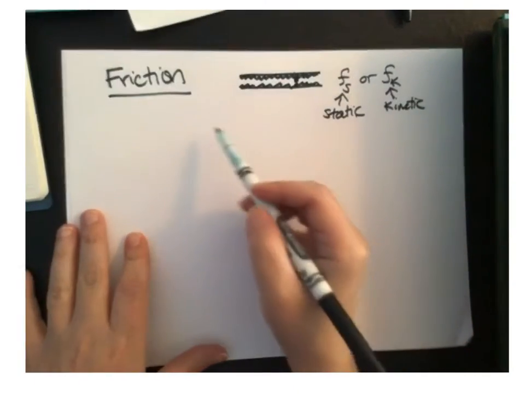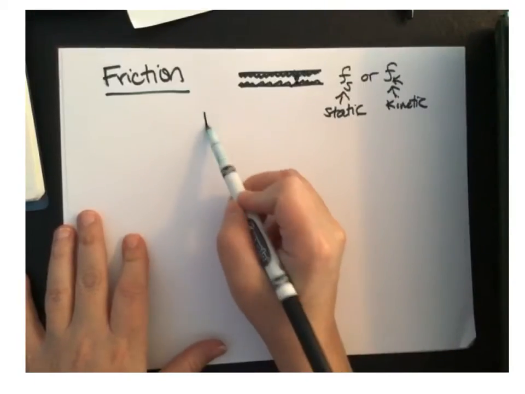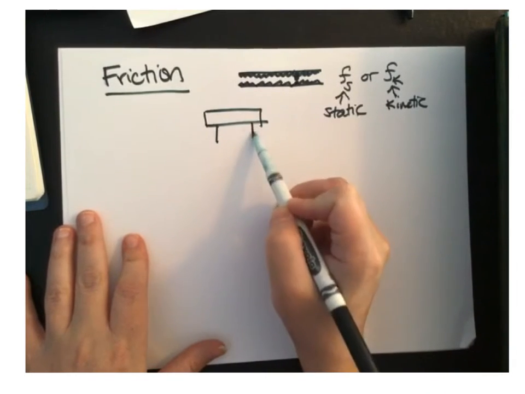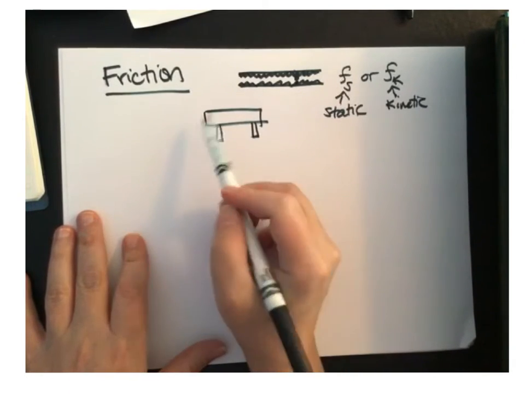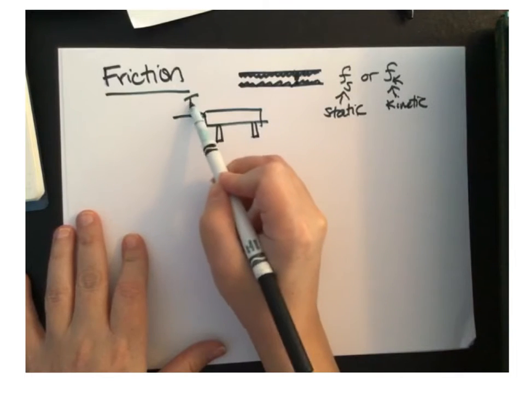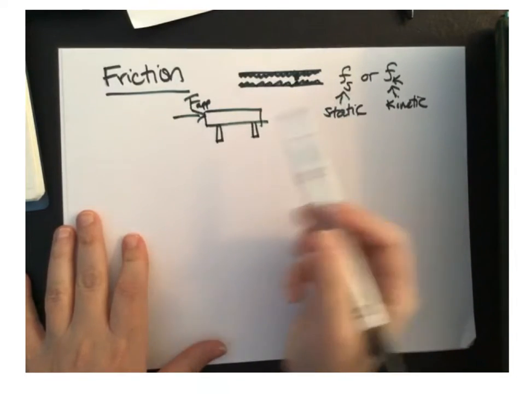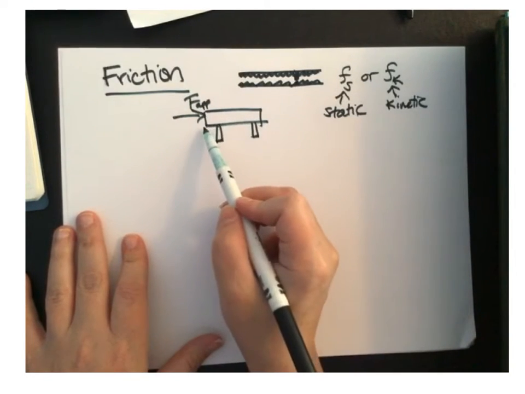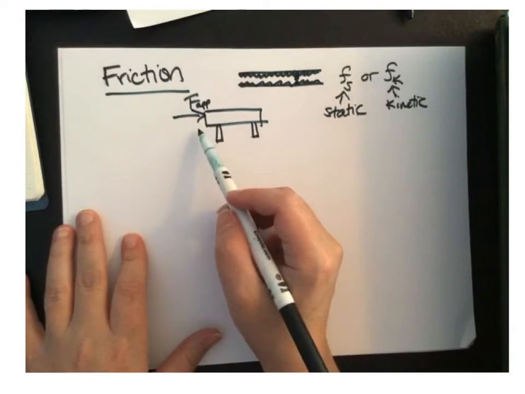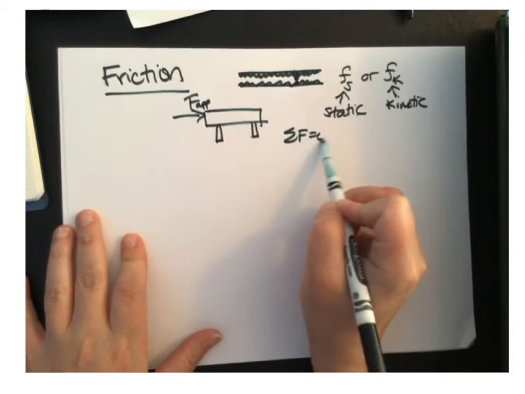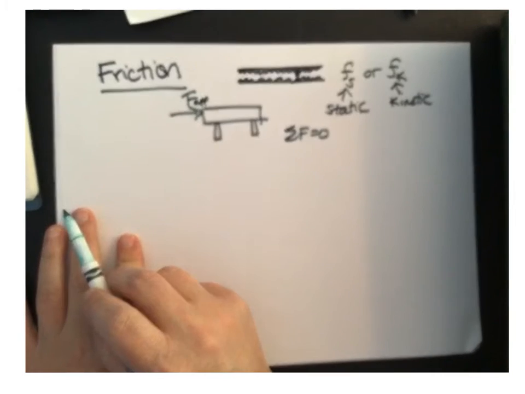Okay? So I'm sure that you've pushed on a table before, right? You push with an applied force and it doesn't move. So if it doesn't move, then the net force on it would be 0, right? If it's not accelerating.